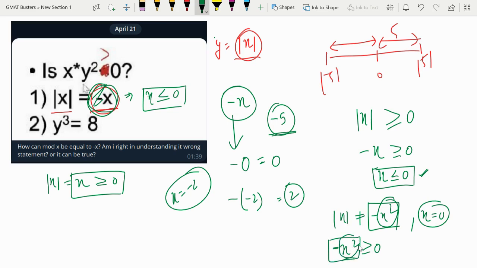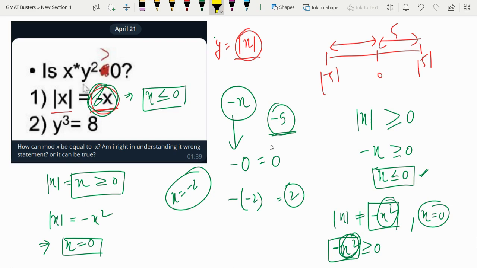So x square cannot be positive here. If I am saying mod x is equal to minus x square, then x has to be 0 only. x cannot be positive. If x is positive, this will be negative. If x is negative, then also this will be negative only. So we can say x has to be 0 in that case.